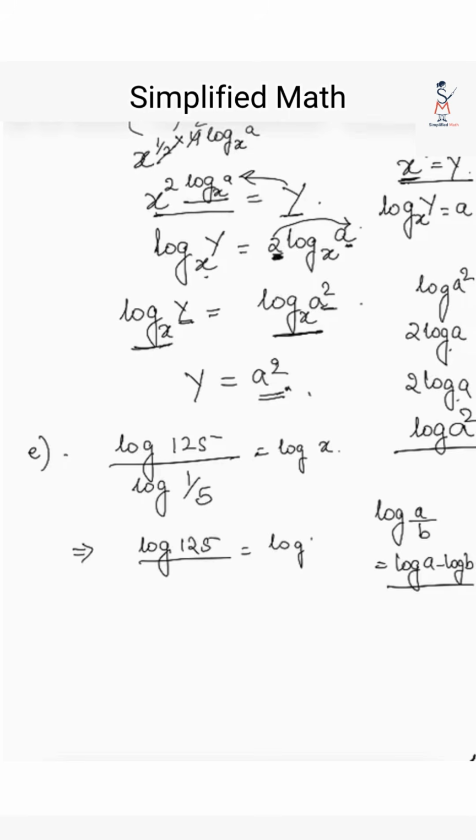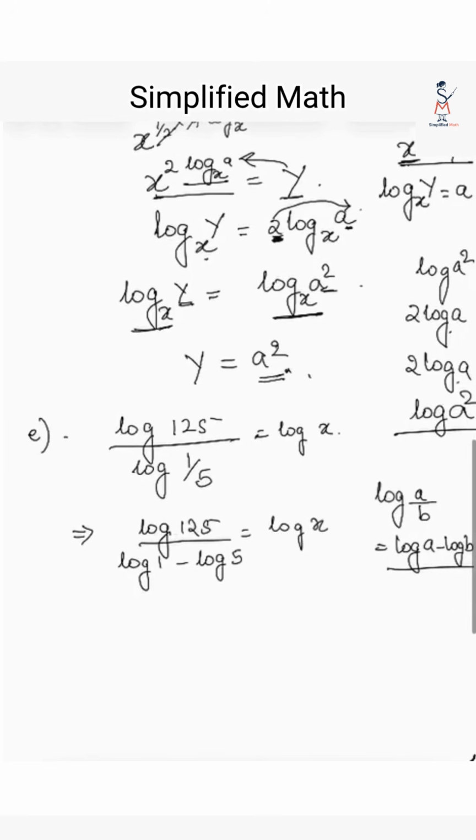Chalo, we'll do it. This will become log 1 minus log 5, and we know when there is no base, it is 10. When the base is not written here, the base is 10. Fine, so no need to write that. This will be log 125, and the value of log 1, any base let it be, is 0.